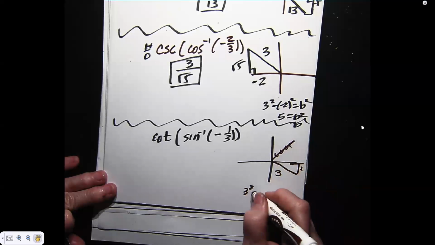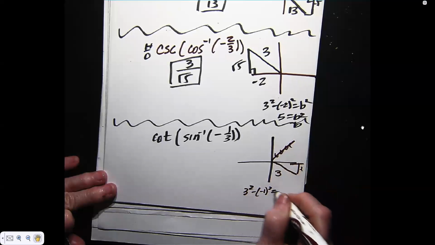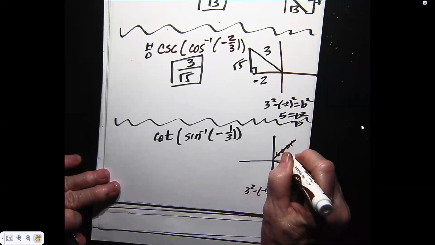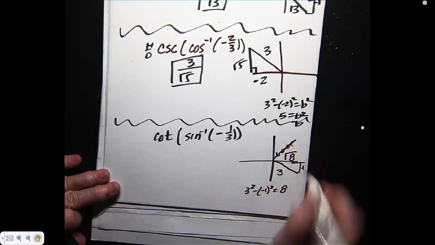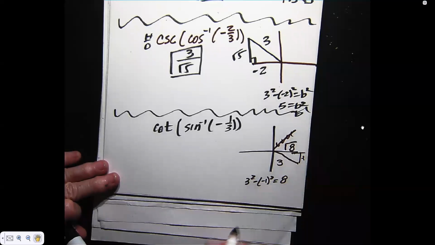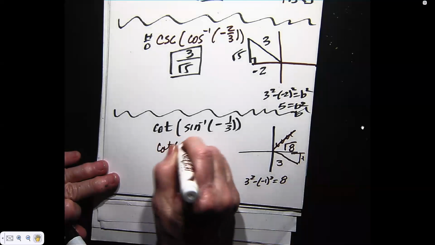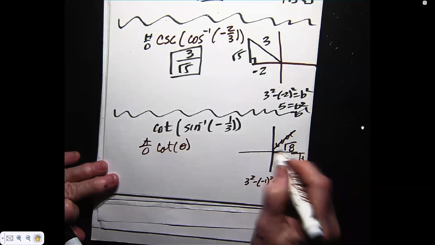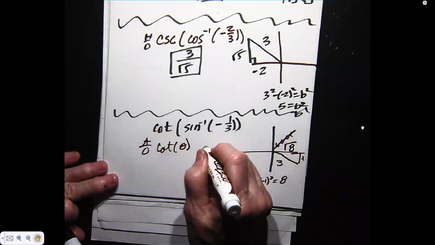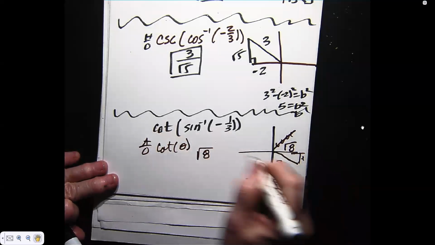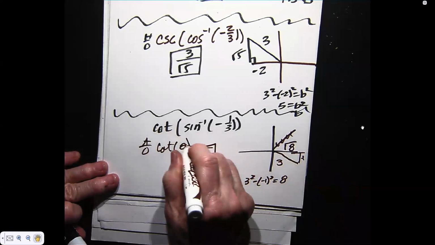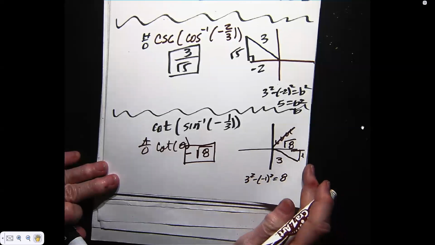So 3 squared minus -1 squared gives me 8, so this is the square root of 8, and I'm okay with you leaving it that way. The cotangent of the angle, cotangent is adjacent over opposite, so the square root of 8 over -1, which is just going to be -square root of 8.